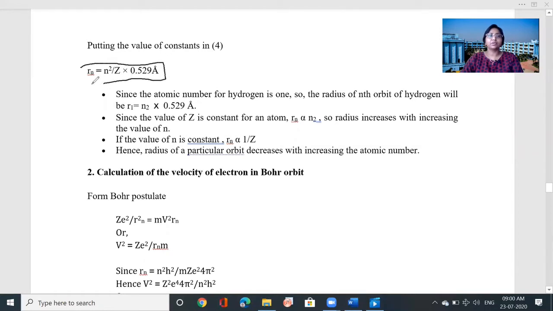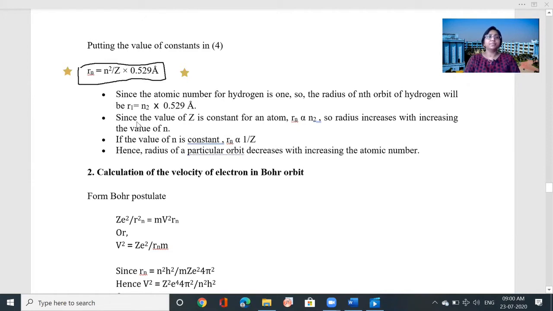You can calculate through this expression, that is Rn is equal to n squared by Z into 0.529 Angstrom.